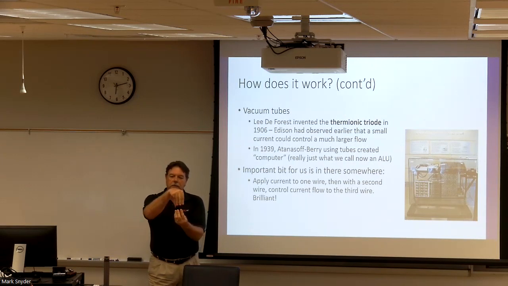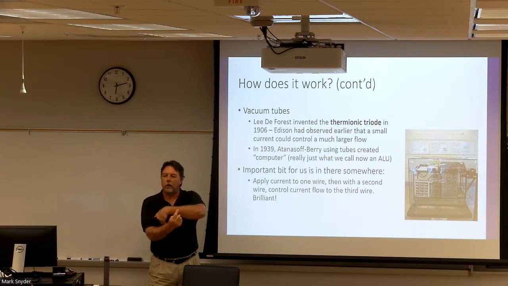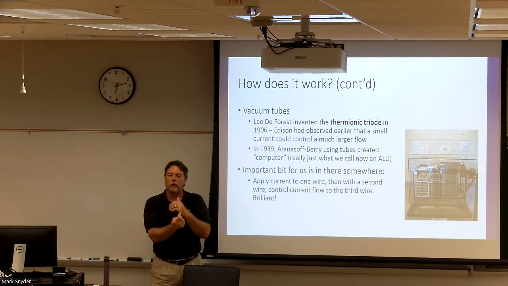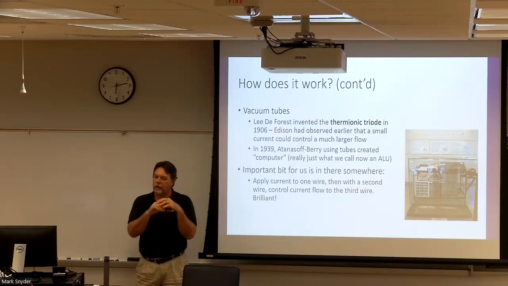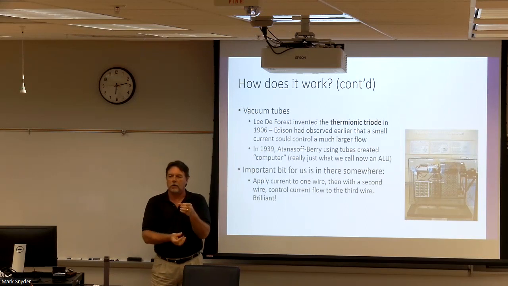But if they heat up this panel and put a little bit of current on it, then all of a sudden, at some point, all of the current starts flowing from the positive terminal to the negative terminal. So they get current flow based on introducing this little bit of current to this heated panel. And so they put that inside this vacuum tube, sucked all the air out of it, and they had a whole bunch of these.